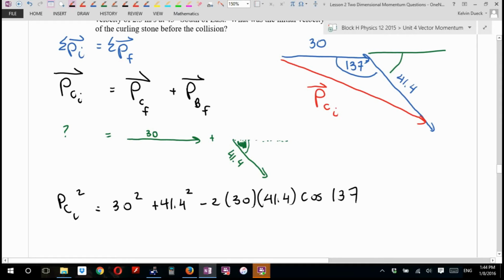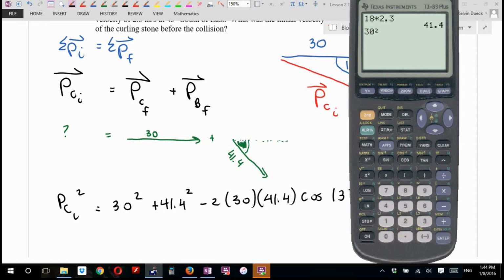That's how I've memorized or interpolated the cosine law for years. I know you have it on your formula sheet and you can certainly use that, but I always just remember: I want what's across from the angle, and it's going to be squared minus 2 times angle, cos. And I can remember it's cos because it's called the cosine law.